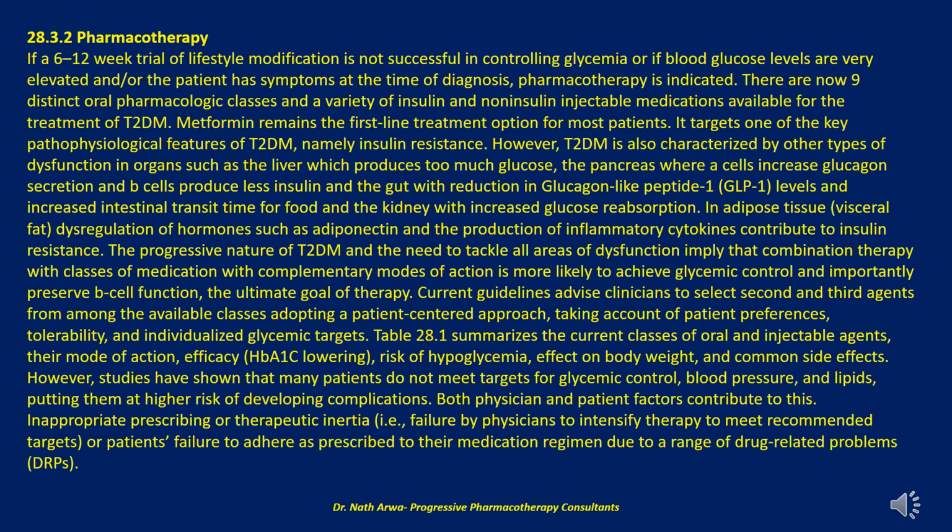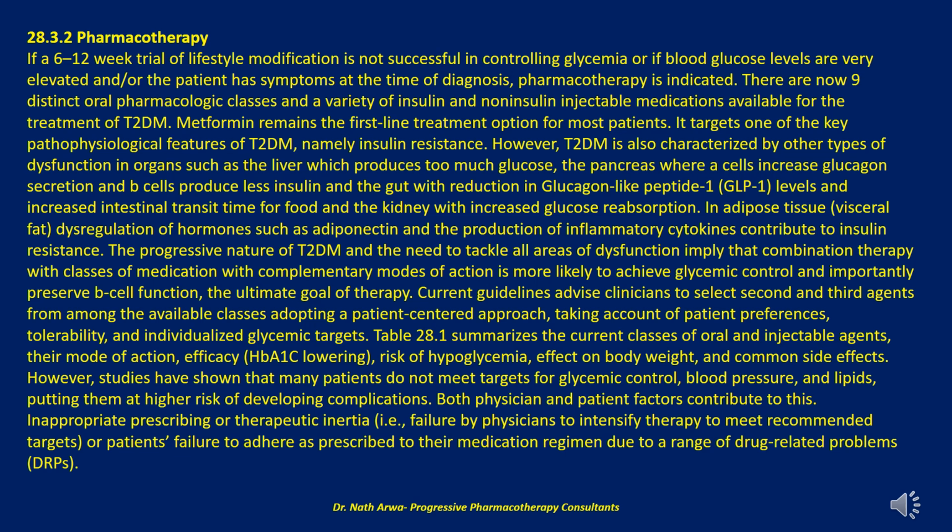There are now 9 distinct oral pharmacologic classes and a variety of insulin and non-insulin injectable medications available for the treatment of type 2 diabetes mellitus. Metformin remains the first-line treatment option for most patients. It targets one of the key pathophysiological features of type 2 diabetes mellitus, namely insulin resistance.